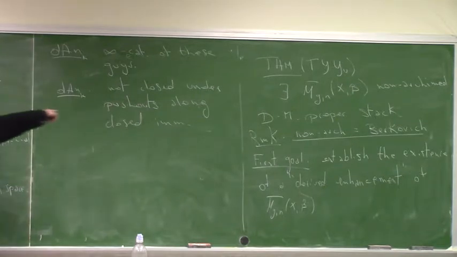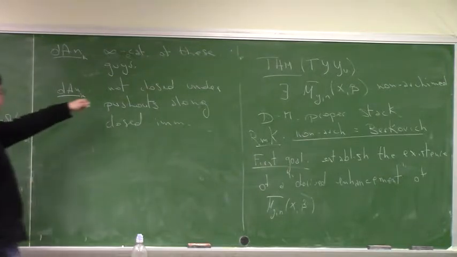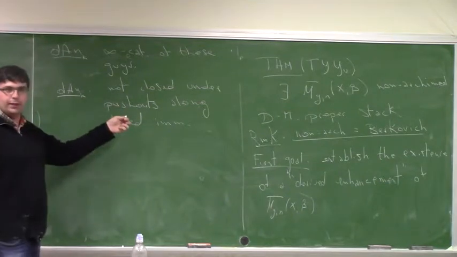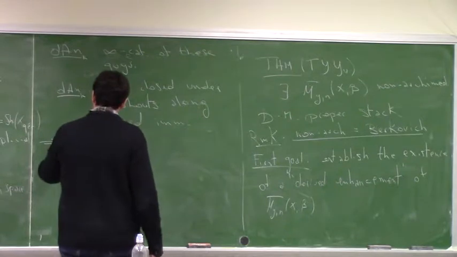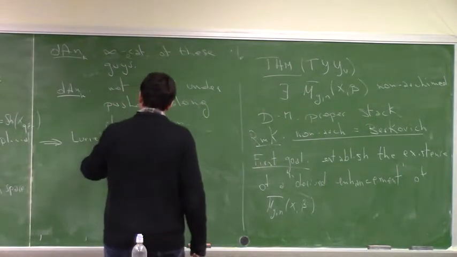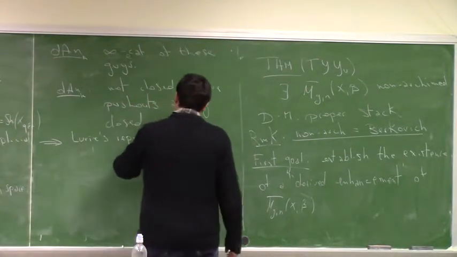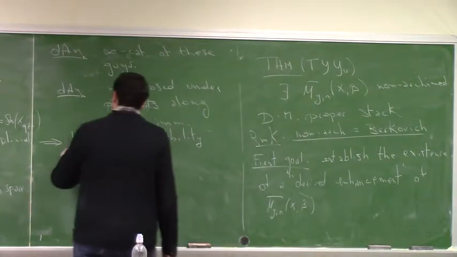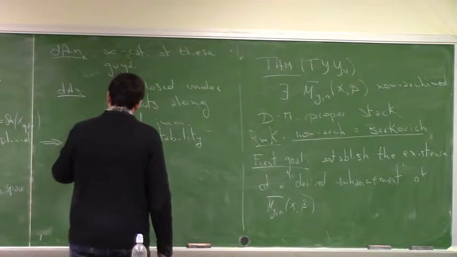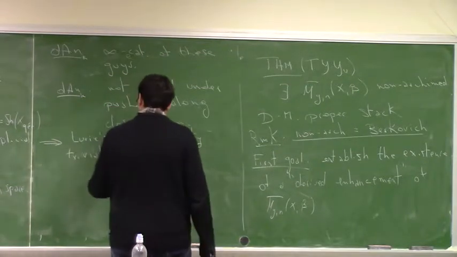Basically because this is one of the first properties that we ask in the conditions of Lurie's representability theorem. So with this category, this property is not satisfied, so Lurie's representability trivially fails. Even the easy direction fails.